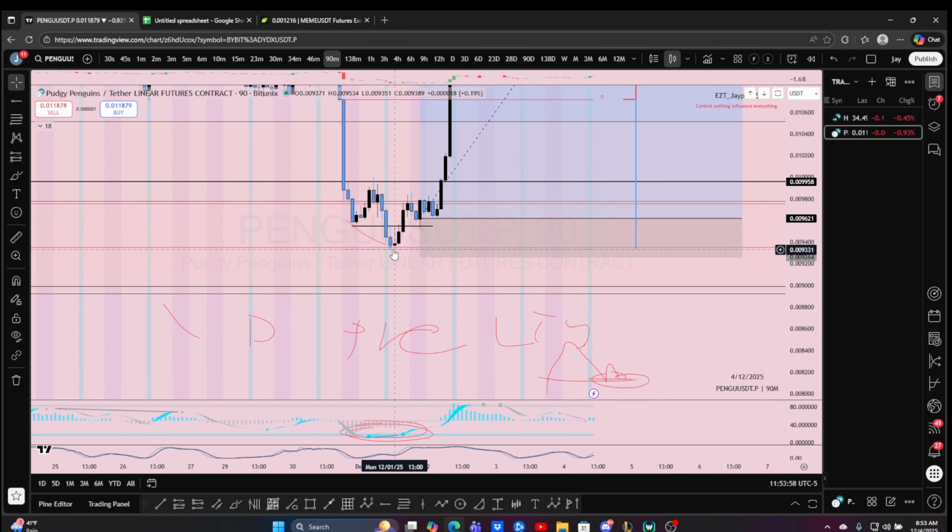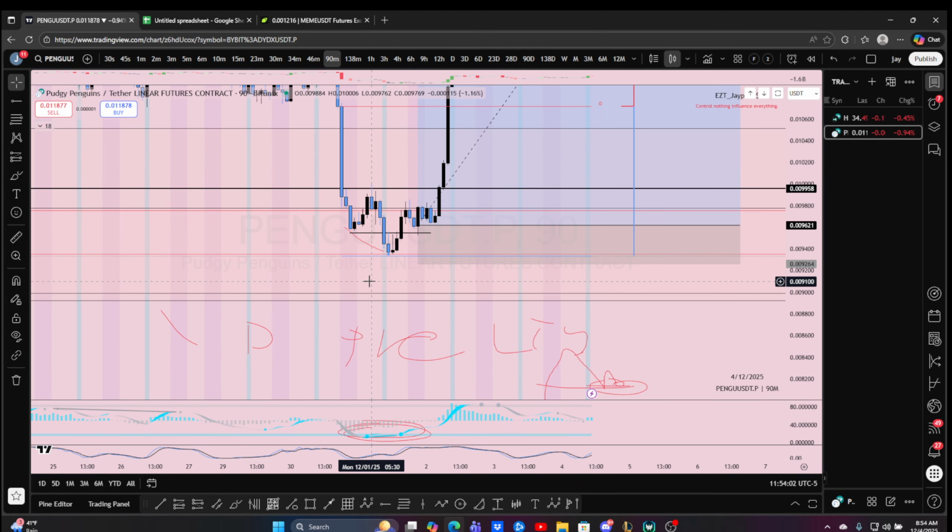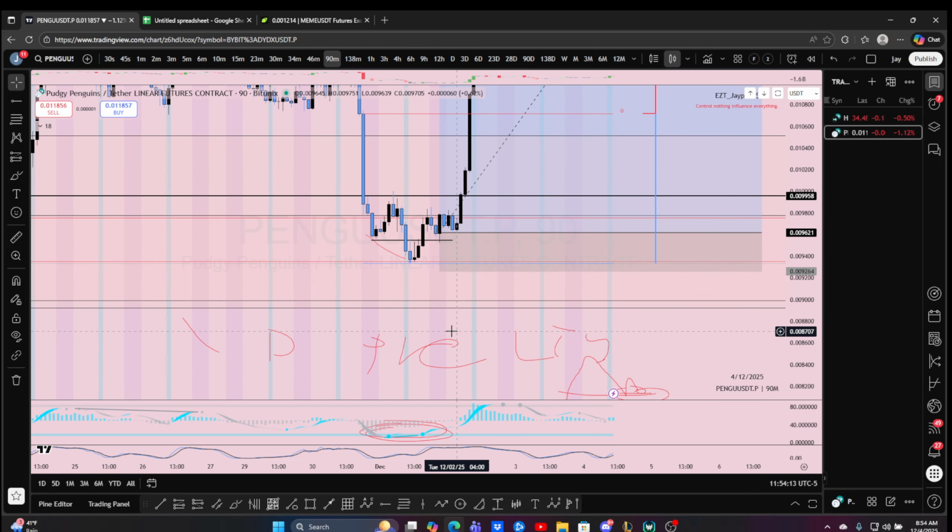So now, what was I thinking right as that's happening? Now I'm looking for an entry. Okay, so what am I looking for an entry on the previous leg? I'm waiting for it to now come back to tap the previous lick level. And on top of that, what do you guys realize?